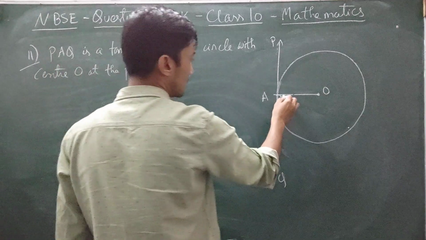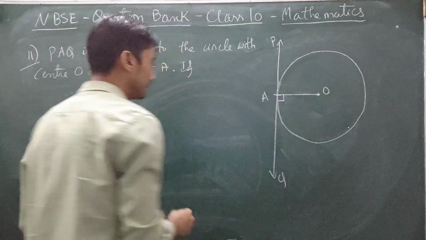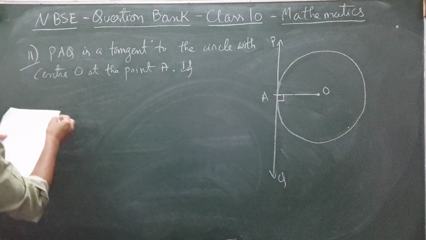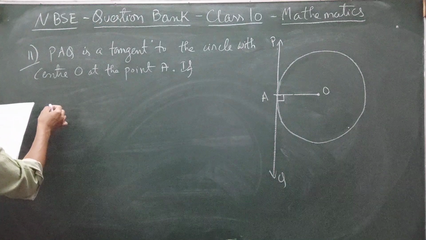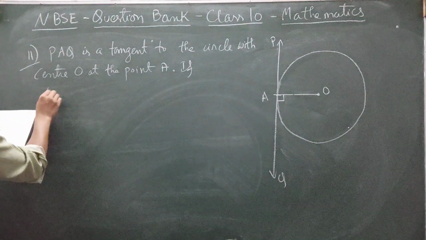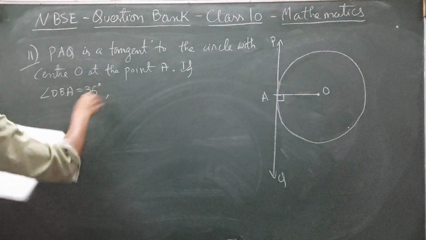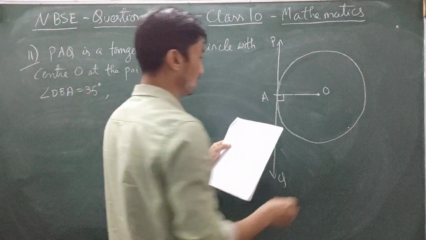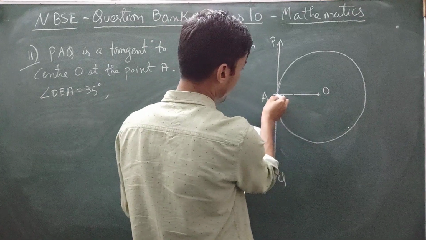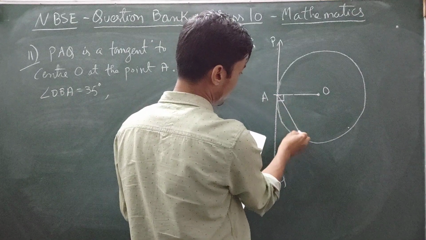One thing that we know, we have just seen, this is 90 degrees. If angle OBA is 35 degrees, where's B?